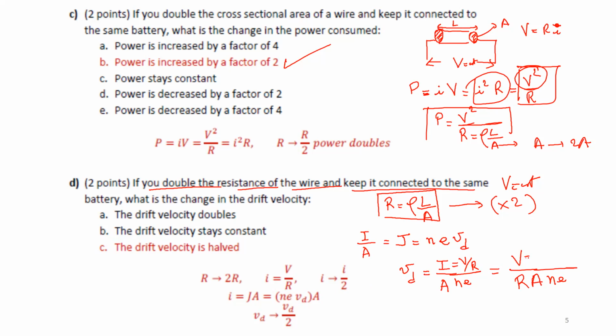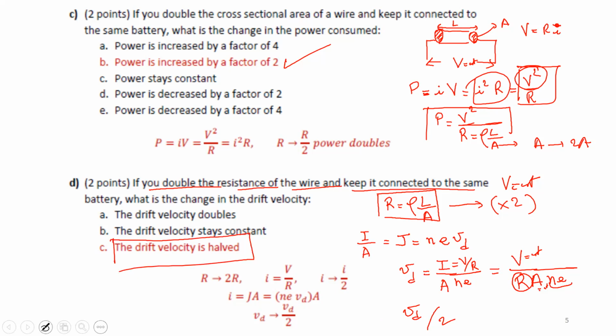So here, V is constant. A, I consider as constant. N E, of course, is constant. So here I'm just doubling what? The resistance. If I double the resistance, of course, the resistance is at the denominator, so I'm dividing V D by 2. So the drift velocity will be half, divided by 2.